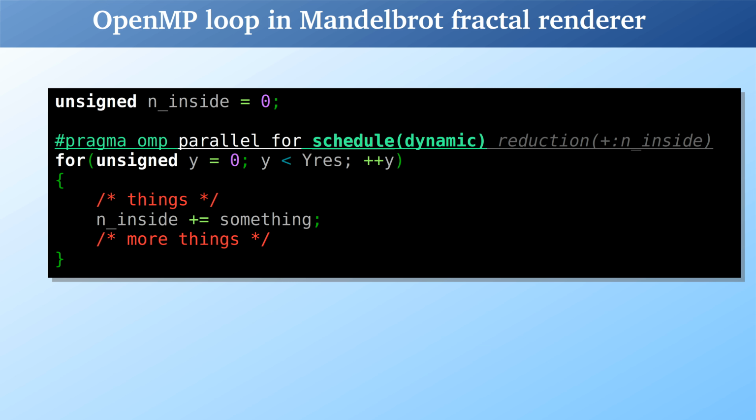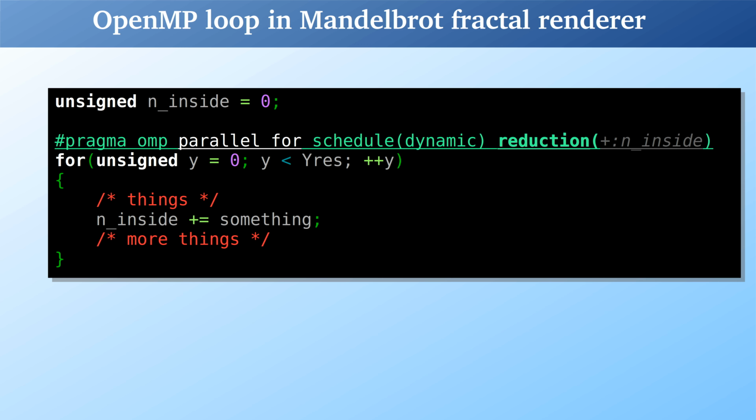The word dynamic answers that question. In the dynamic schedule, each thread processes a single loop iteration and then chooses the next available one. This can cause resource congestion where all threads poll a shared variable, but it works well for Mandelbrot rendering, where every row takes a long time to calculate.